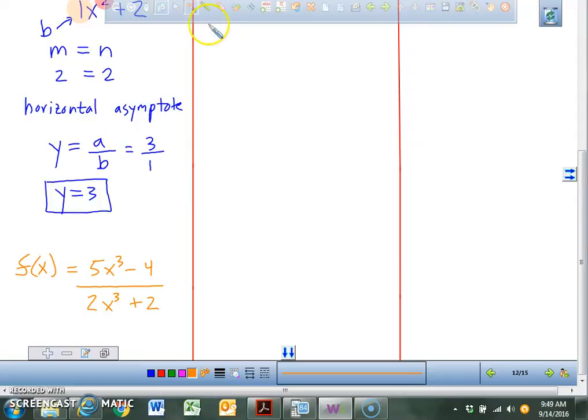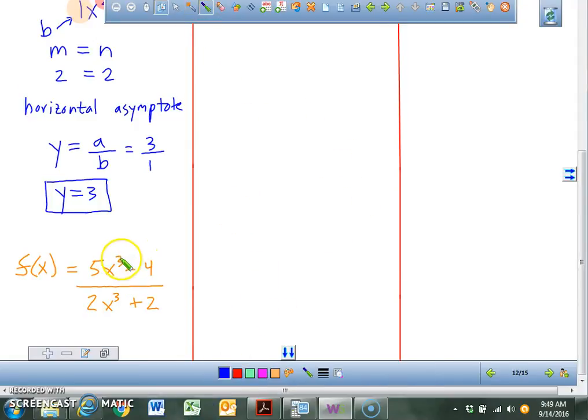Okay. What do you notice about the m value in relationship to the n value? They're the same. All right. What is my a value and my b value? 5 and 2. So this right here represents my a value. This right here represents my b value.